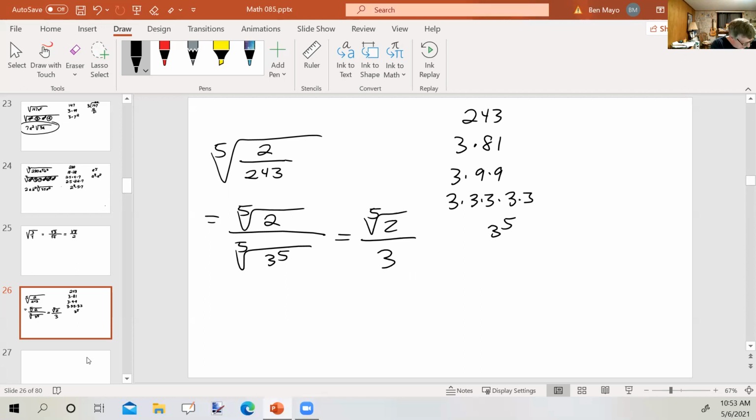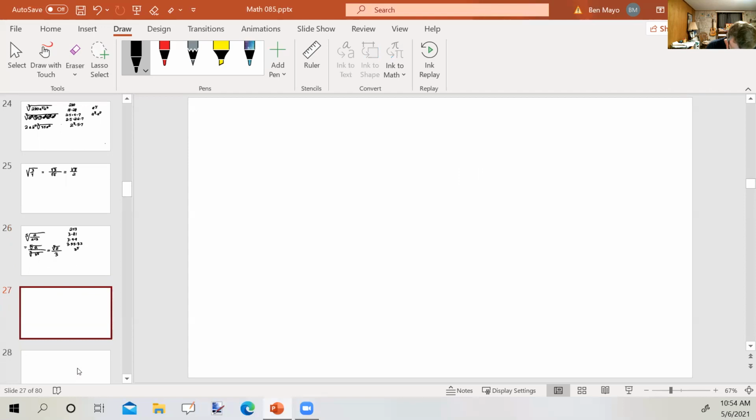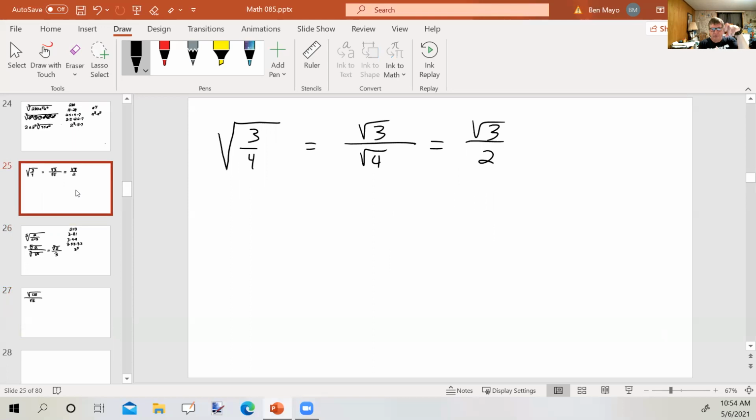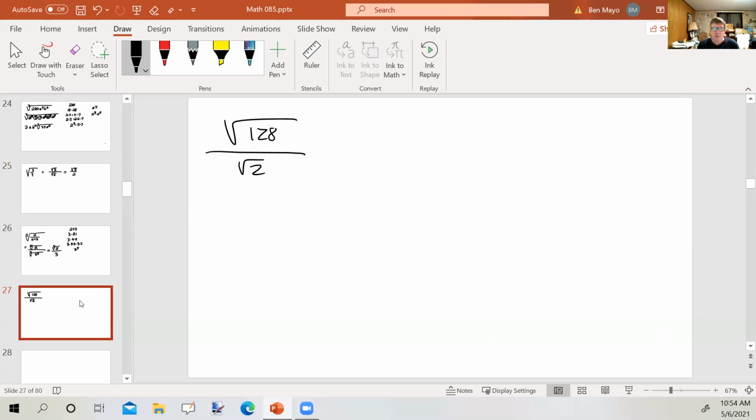Okay, let's see here. The square root of 128 divided by the square root of 2. So now, well, let's go back. Before these last couple examples, we had a fraction inside of a radical, and we split the numerator and the denominator up. Now we've got 2 radicals making up a fraction.